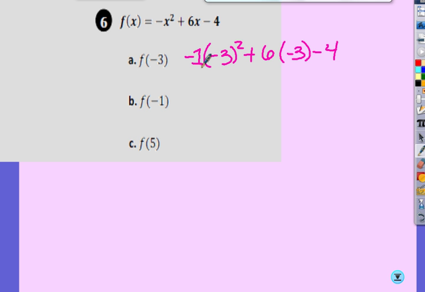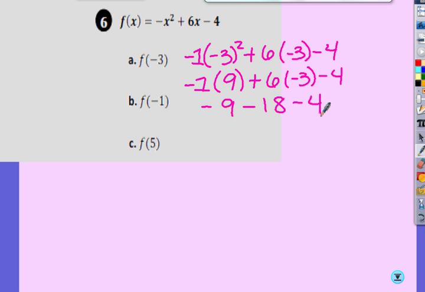Take care of your exponents first. Then, take care of your multiplication. Then, just like in order of operations, you take care of any addition or subtraction from left to right.